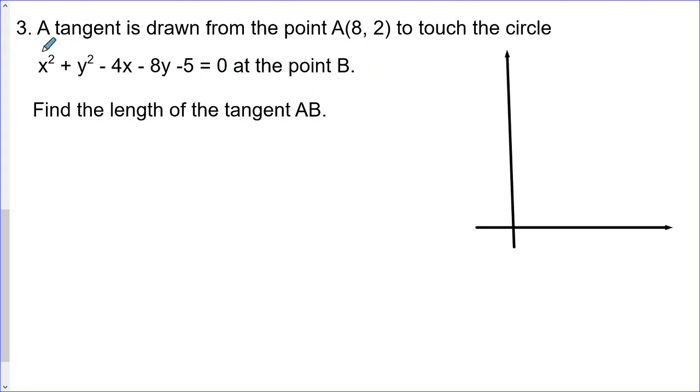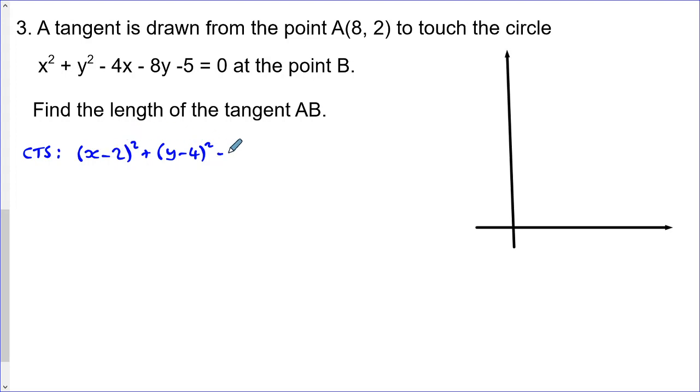So the way we're going to do this is similar to the start of the previous one. We're going to need the coordinate of the centre. So we're going to need to complete the square. Half the coefficient of x, half the coefficient of y. I forgot to actually write here what I was subtracting, but you can do it at the end.